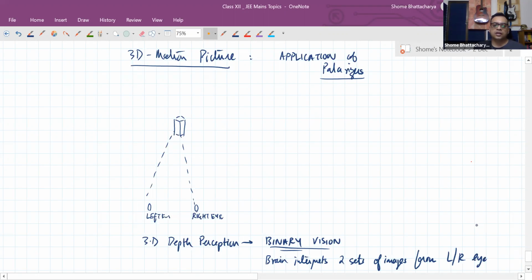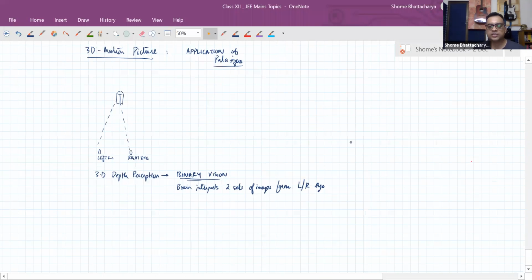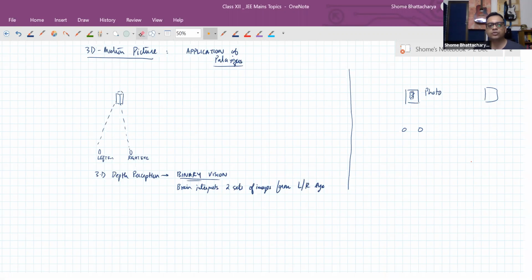Now the thing is, when we look at a normal photograph or an image, that is not happening. When we look at a photo of an object, the photo has been taken from a camera lens. That object was put in front of a single lens and an image of it was created.